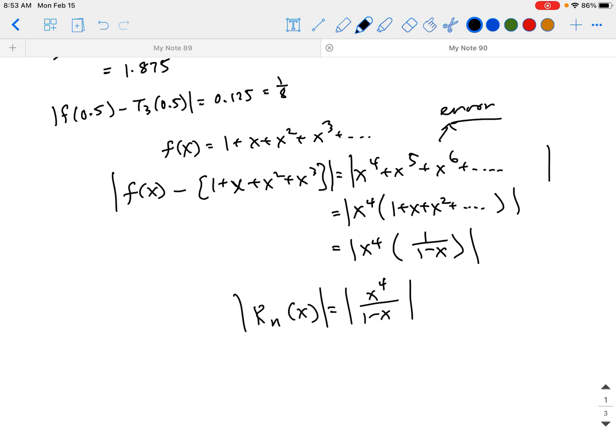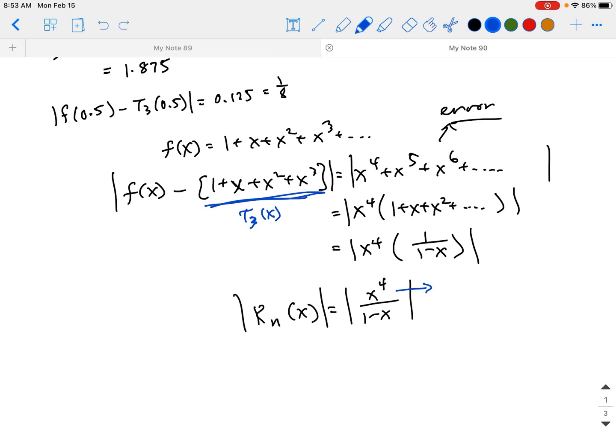And if we look at it closely, our third order Taylor polynomial is going to be computable using an order 4 term.